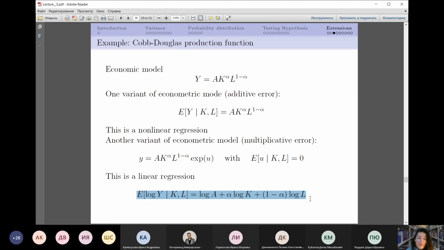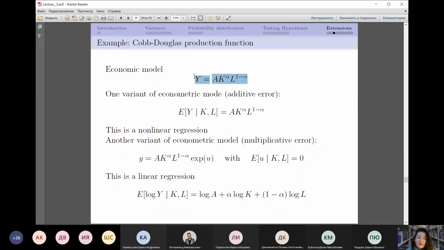And now we can just use the ordinary least squares method and obtain the coefficients, alpha and 1 minus alpha, to estimate the effects of capital and labor on our dependent variable, the output. So now we can straightforwardly use a linear regression model.